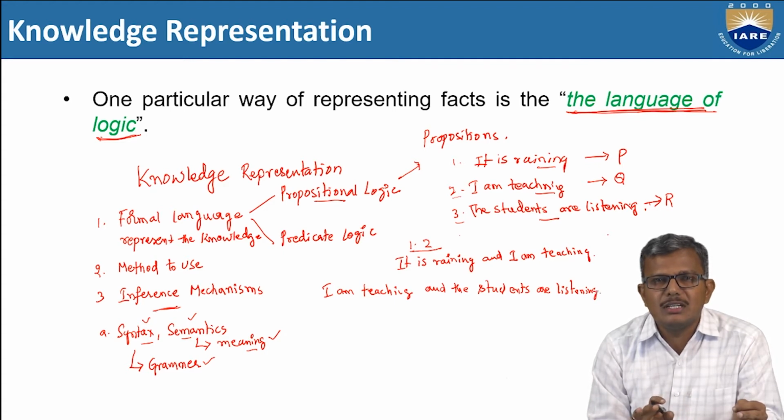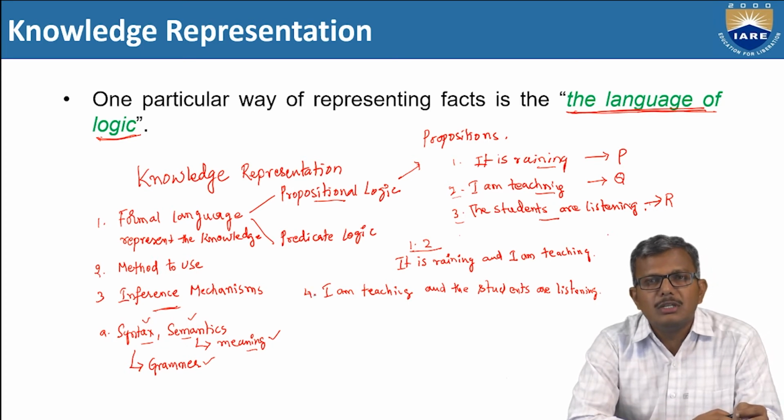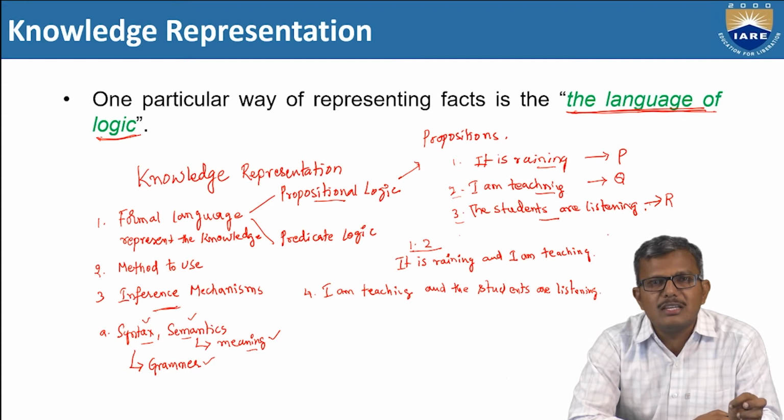This fourth sentence, whatever we generated now, follows the syntax as well as the semantics. Syntactically it may be correct, but how can I say semantically that this representation is correct?